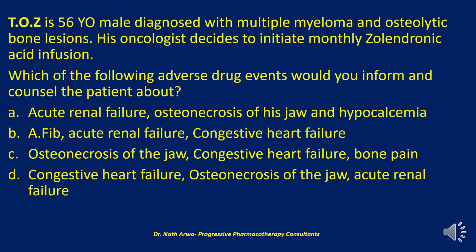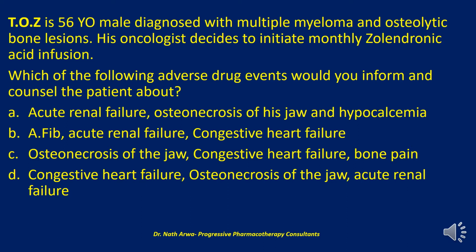So TOZ is a 56-year-old man diagnosed with multiple myeloma and osteolytic bone lesions. His oncologist decides to initiate a monthly zoledronic acid infusion. So my question to you is, which of the following adverse drug events would you inform and counsel Mr. TOZ about?